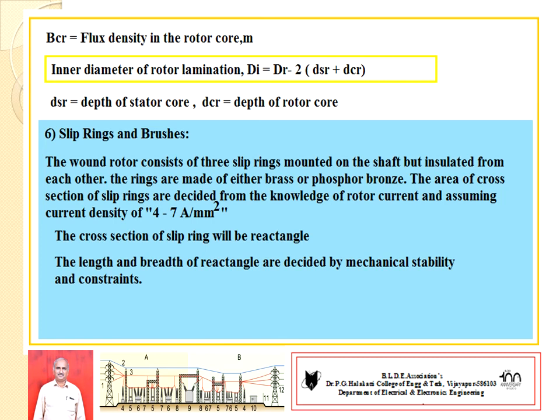The area of cross section of the slip rings is decided from the knowledge of rotor current, assuming a current density of 4 to 7 amperes per millimeter square. Usually the cross section of slip rings will be rectangular. The length and breadth of the rectangle are decided by mechanical constraints.